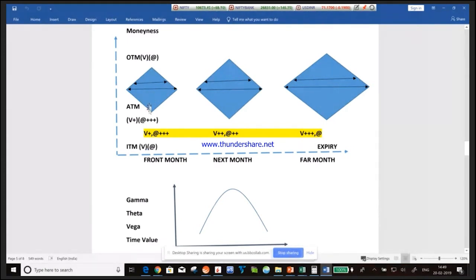If you take a look at this, is theta going to be greater for front month or greater for far month? Theta, time decay.